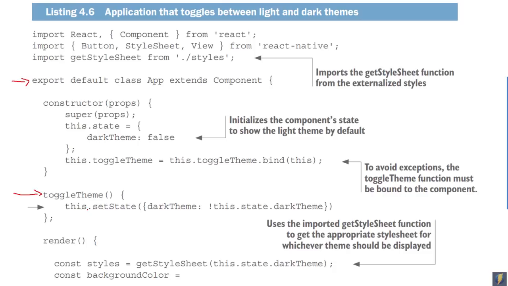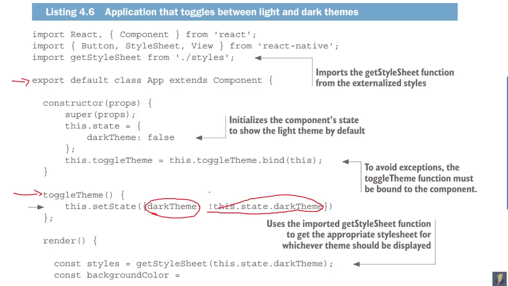This sets state, darkTheme. We change the value of darkTheme. The darkTheme value is what? It is not state dot darkTheme. Not means the opposite value.